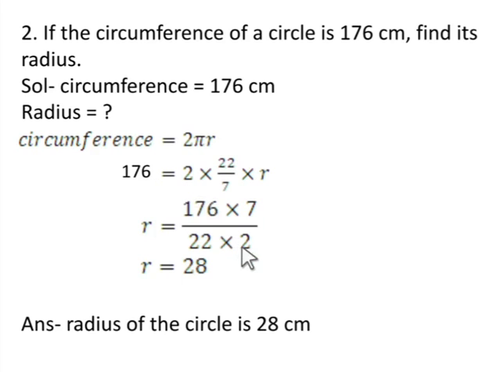Here 2 will come in denominator and 22 upon 7 will become 7 upon 22. Now do the cancellation. You will get radius as 28 centimeter. Hence, the radius of the circle is 28 centimeter if the circumference is 176 centimeters.